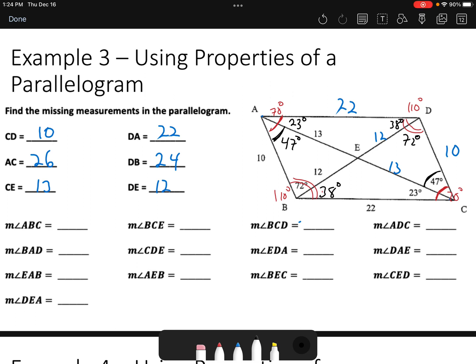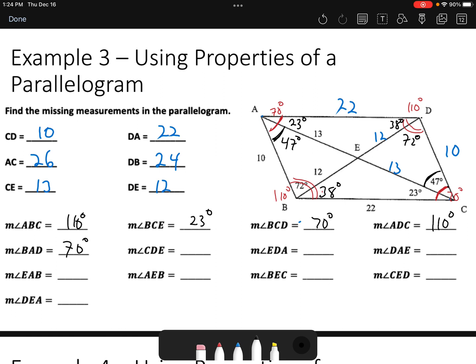Angle ABC. ABC is the big angle B, that's 110. How about BCE? BCE, that's 23, that's already given. How about BCD? That's this big one, that's 70. How about ADC? ADC, that's the big one, it's 110. How about angle BAD?